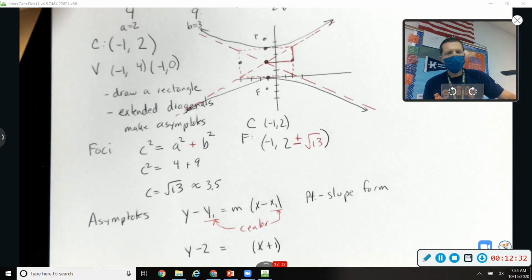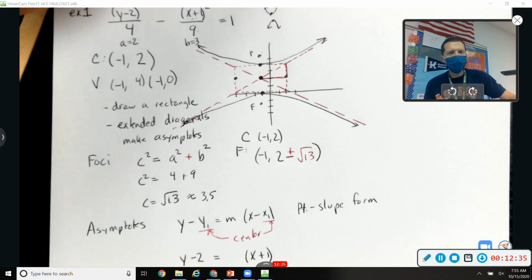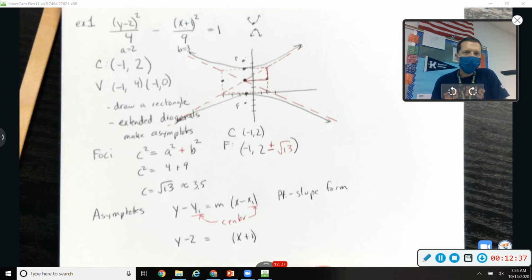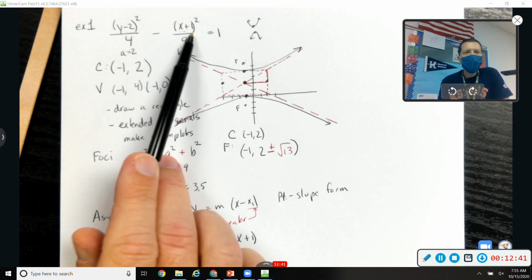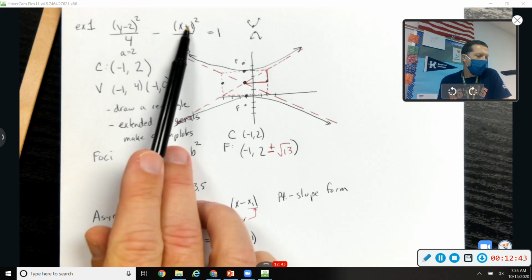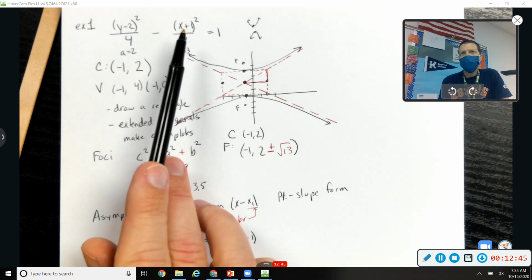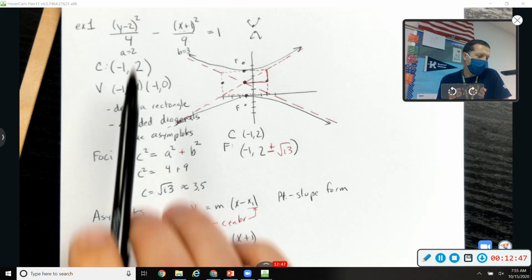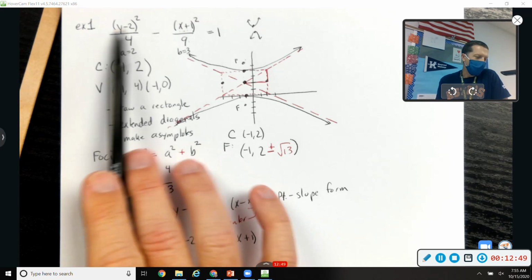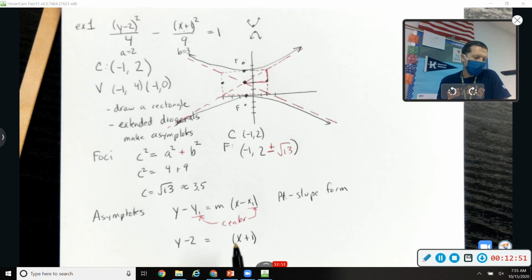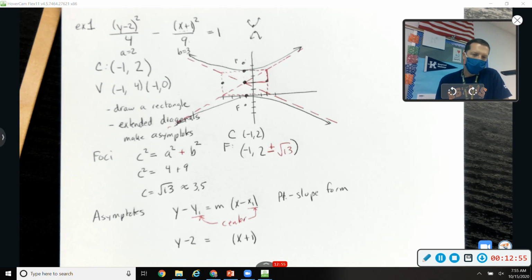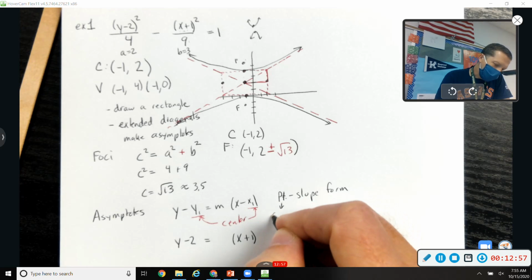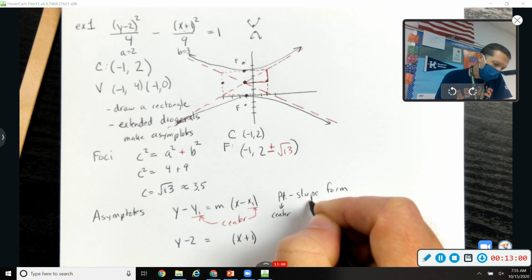In fact, I can't get it all on the screen at one time, but there we go. Y minus 2 and x plus 1. It'll always match this initial equation. In fact, some people will write the asymptotes first because they can do it just from here without doing any pictures, because they know it's going to be y minus 2 and x plus 1. So the point is the center.